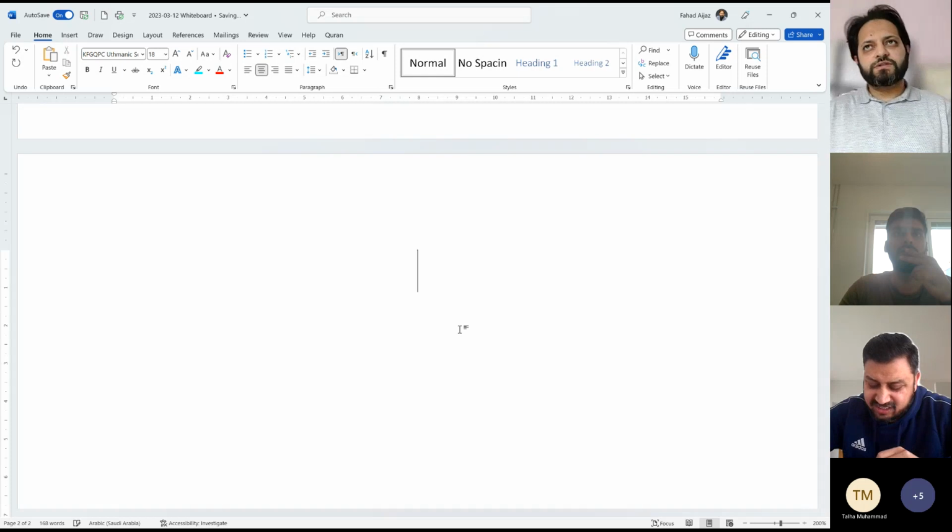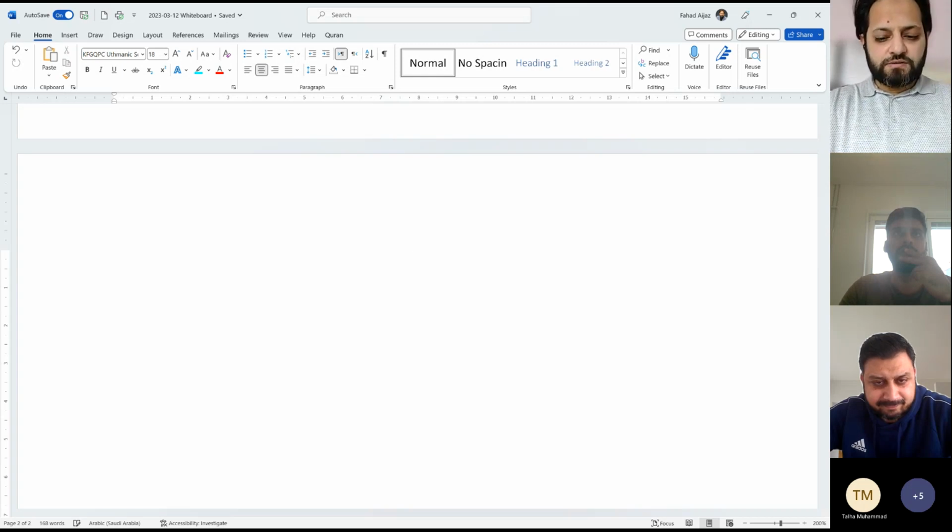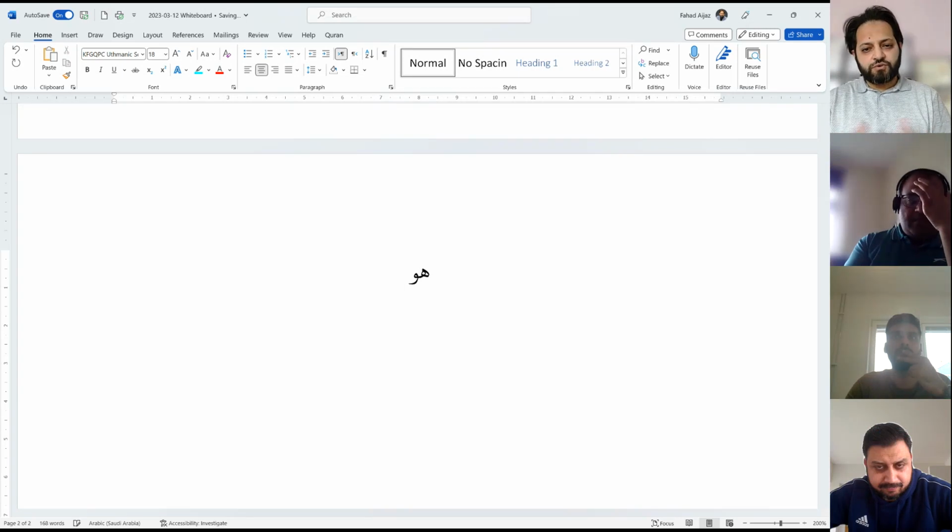So what I want to do is I want you to be able to recognize the attached pronouns when they are attached to the ism. Okay. So when you're looking at the pronoun independently, like huwa, it's an independent version, and you know all about it.